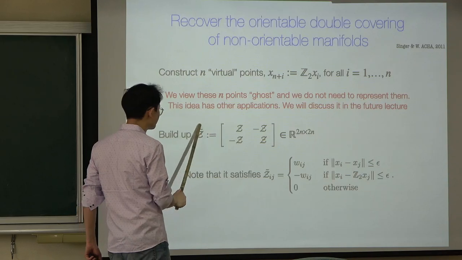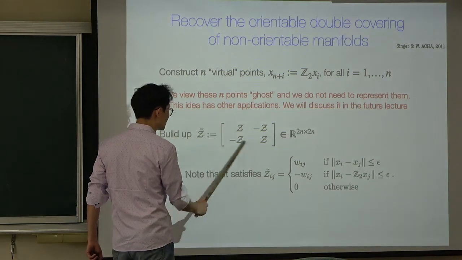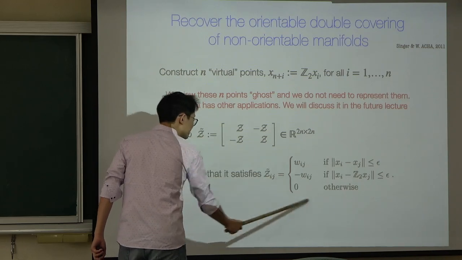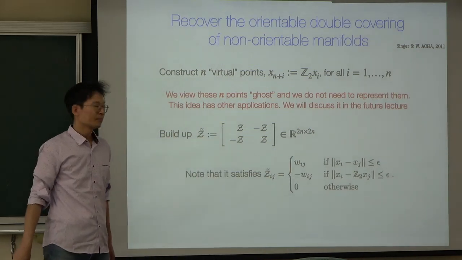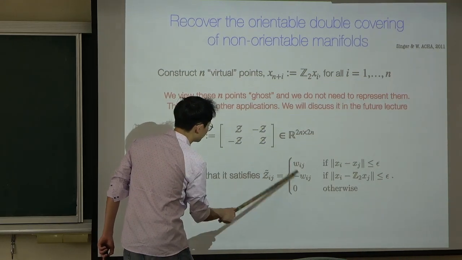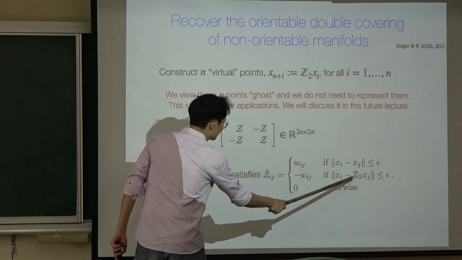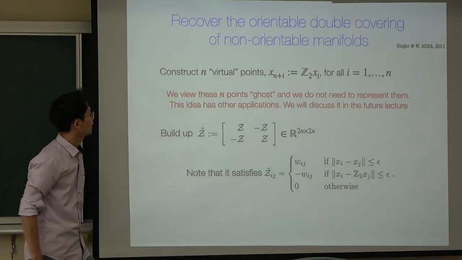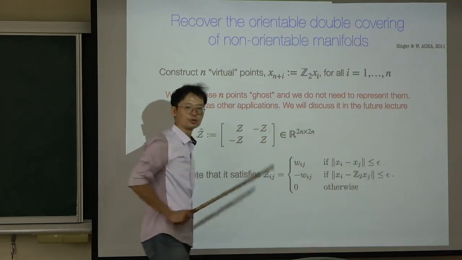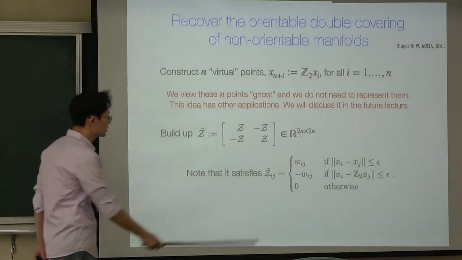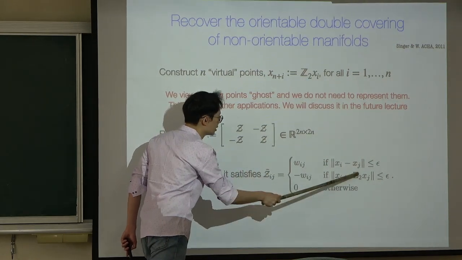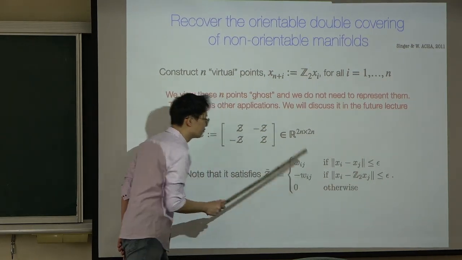And what you can say is, by this construction, you have all this kind of relationship. Because over here, this is minus, right? And why minus? Because this minus comes from xi minus z2xj, and this z2xj is here, which is the virtual point. So this is assuming the existence of z2xj, and we get the affinity.